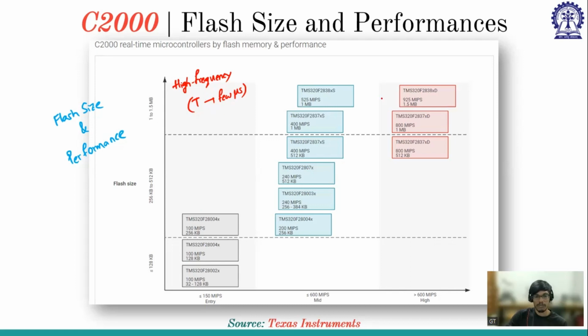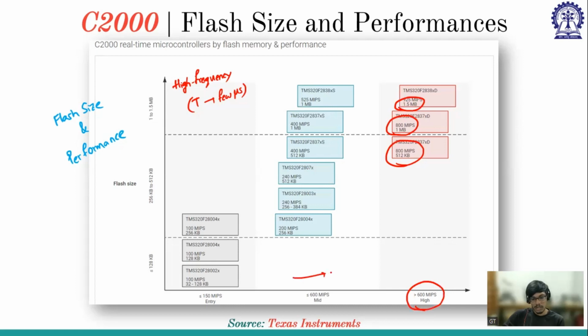So depending upon the frequency at which you want to operate the converter, or depending upon what flash size is required for whatever you are designing, you have to select that particular microcontroller and then implement your control technique in that controller. So these are all very high speed as well as high flash size, like 800 KB, 1 MB, 512 KB.